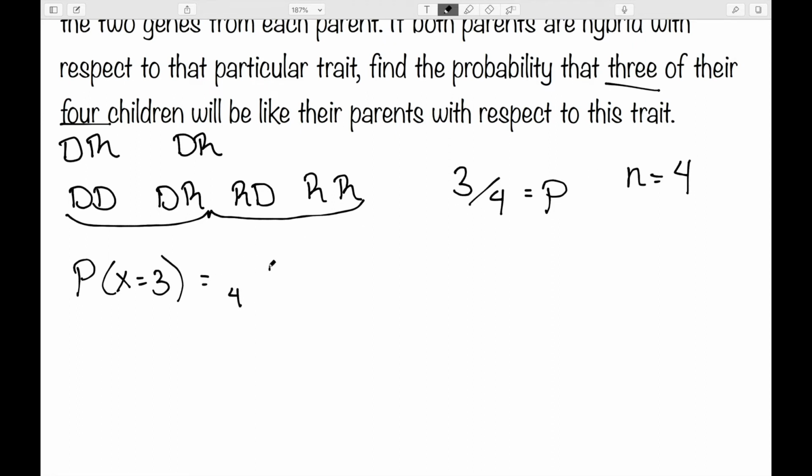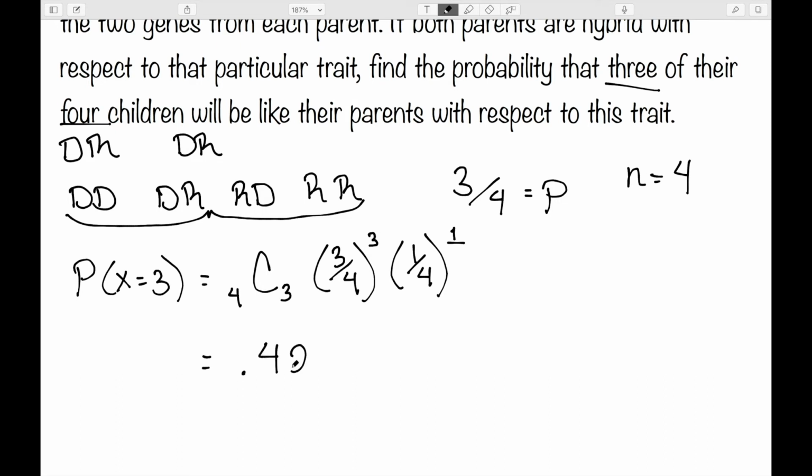So we have 4 choose 3 times p to the 3 power times 1 minus p to the 4 minus 3 power. And when we work that out, we get approximately 0.422. So there's a 42.2% chance that 3 of the 4 children will be like their parents.